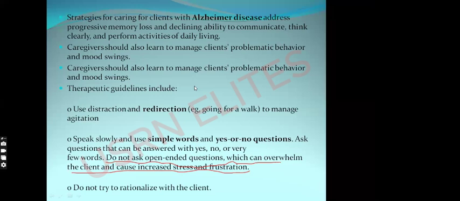Close-ended questions, yes. When they're agitated, they have thought distortion per their diagnosis and all of that. Lots of open-ended questions and lots of questions even irritate them. So you use close-ended questions to help them. All right.